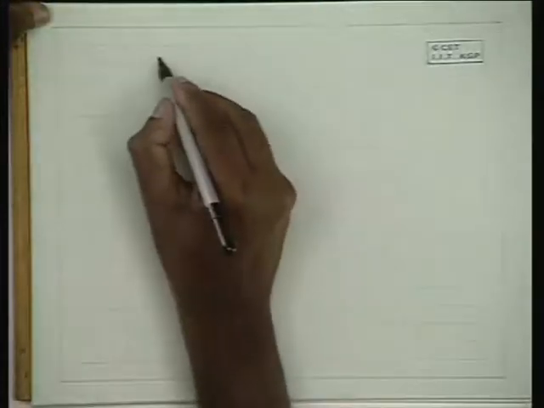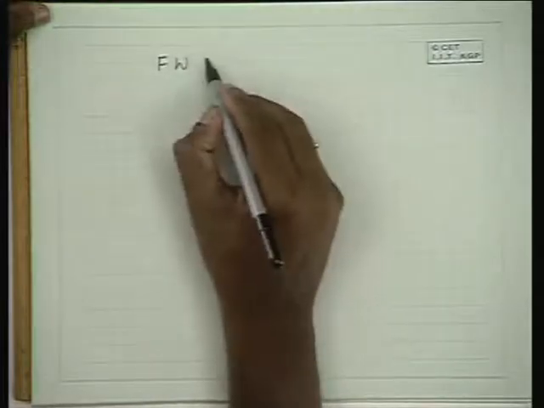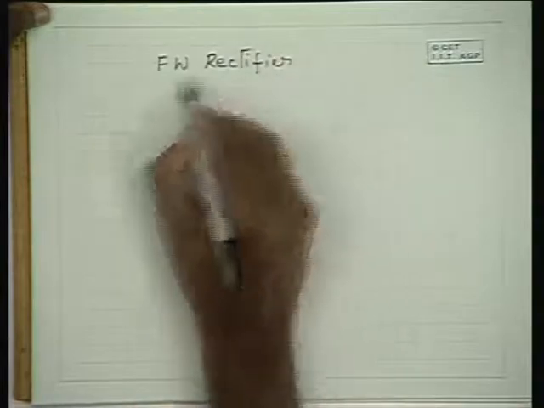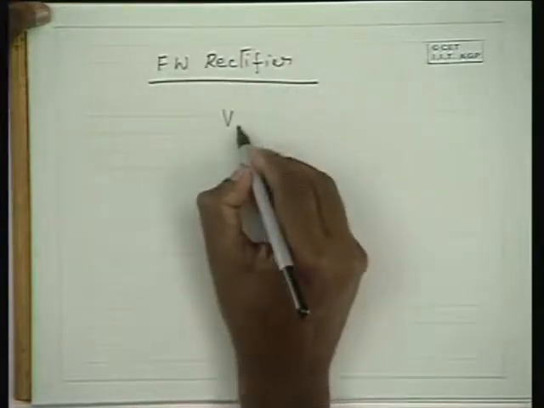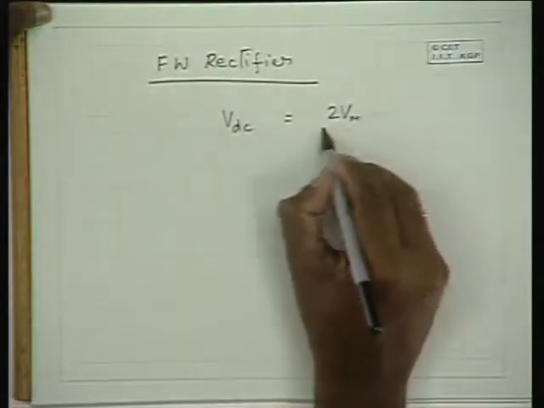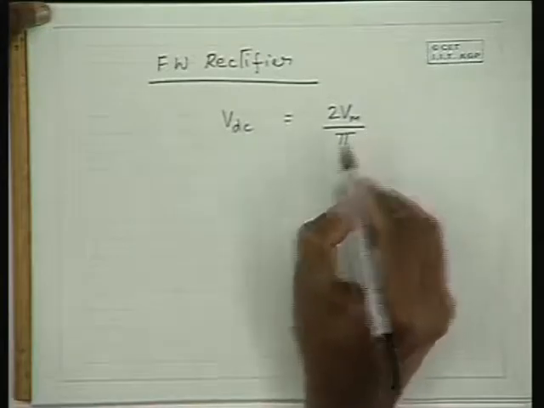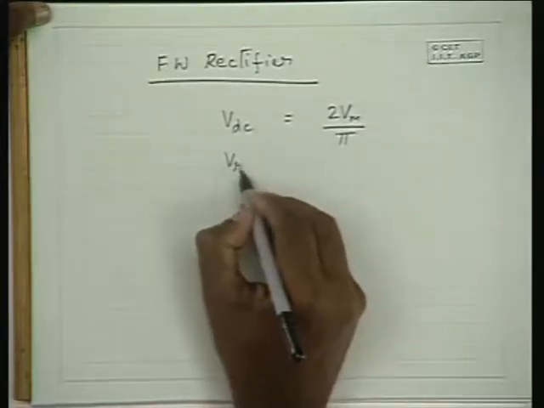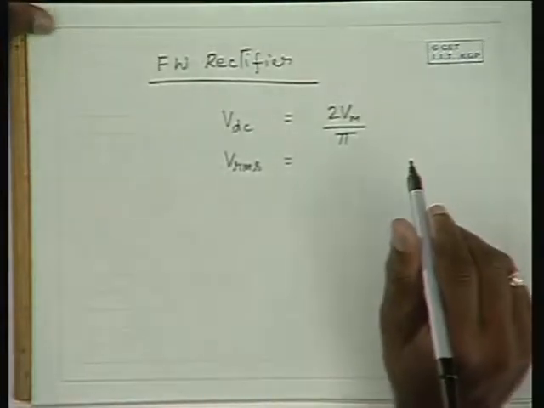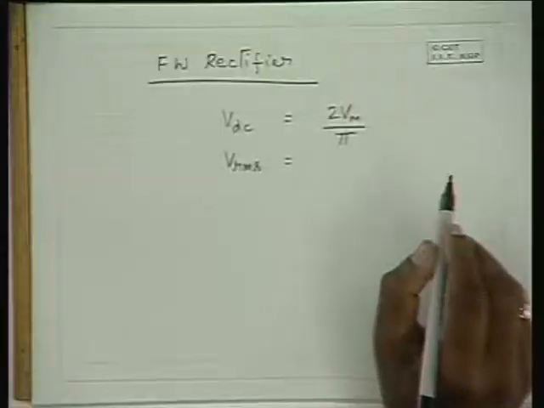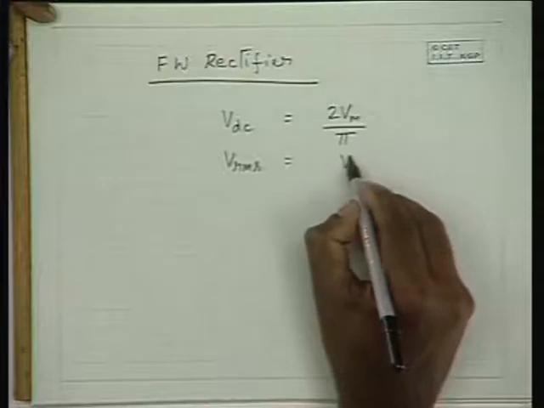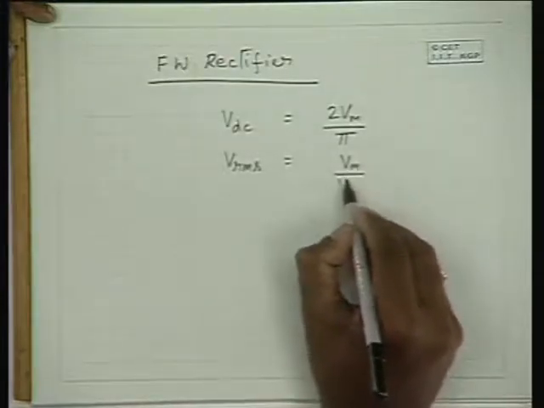In the case of a full wave rectifier, we know that the DC component is equal to 2 Vm by pi, and the VRMS, that means the RMS value of the full rectified waveform, which includes DC as well as the ripple itself, is Vm by square root of 2.